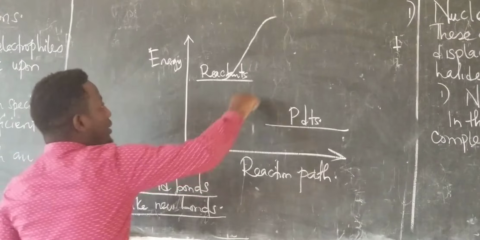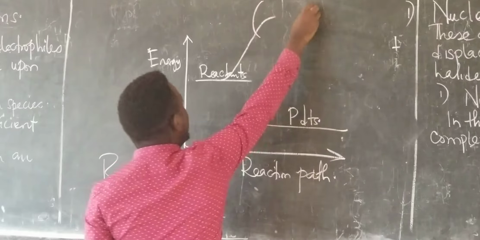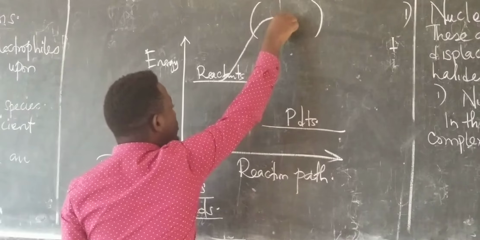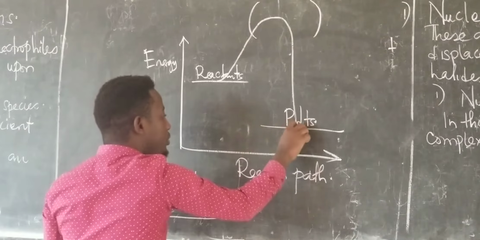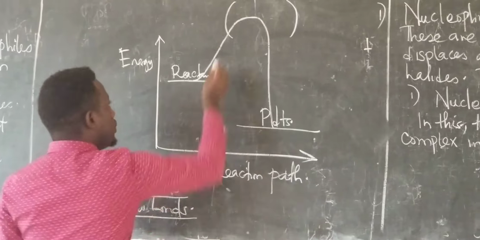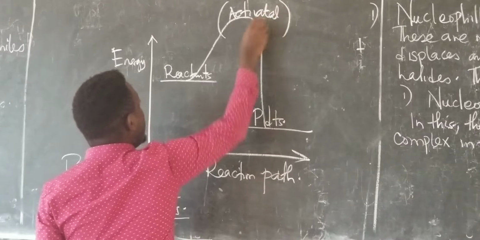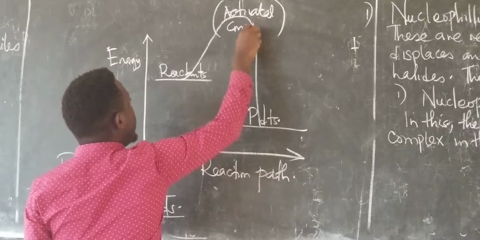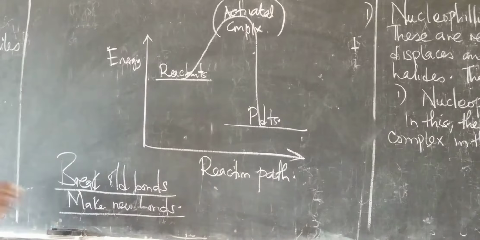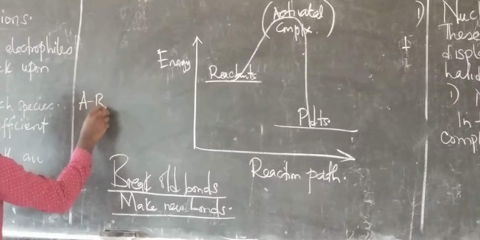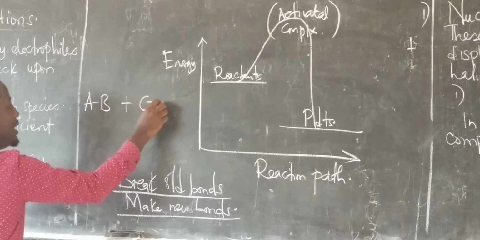So this is where the activated complex will always be, because after the activated complex has been formed, it shall go back to products. This is what we call the activated complex. A good example I can have, if for example we have AB, it is going to react with CD.